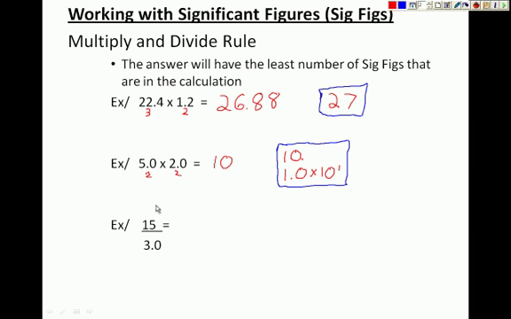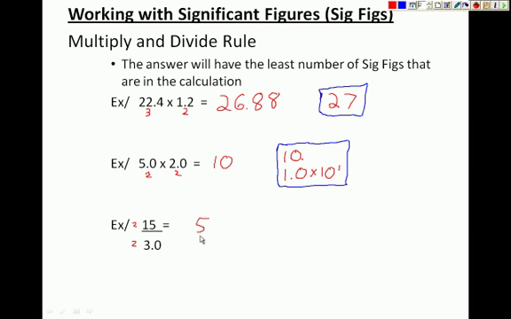Okay, now the multiply and divide rule applies for both multiplication and division. So again, for this next problem, we see 15 divided by 3.0. 15 is 2 sig figs divided by 2 sig figs. So our answer needs to be 2 sig figs. So 15 divided by 3, as we know, is 5.